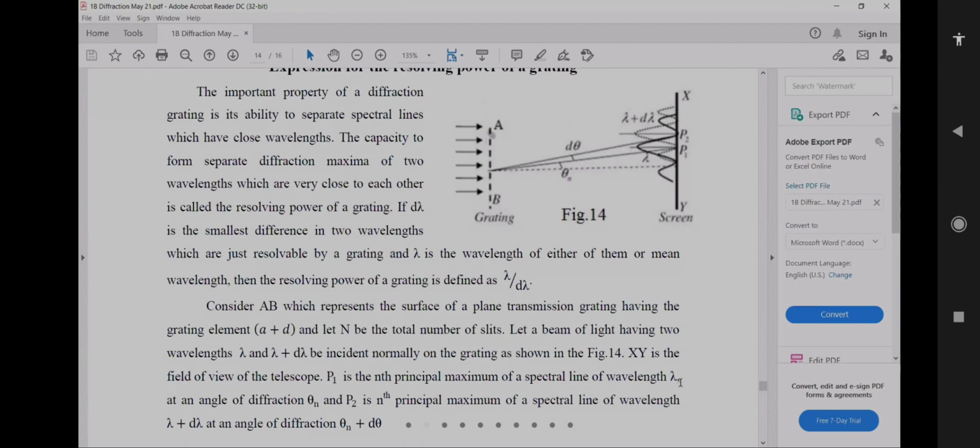spectral line of wavelength lambda and at an angle of diffraction theta n, which makes an angle theta n with respect to the normal.